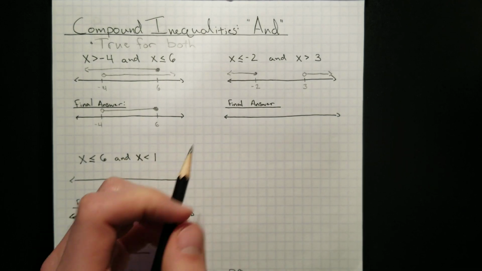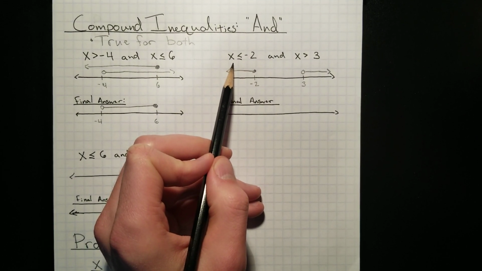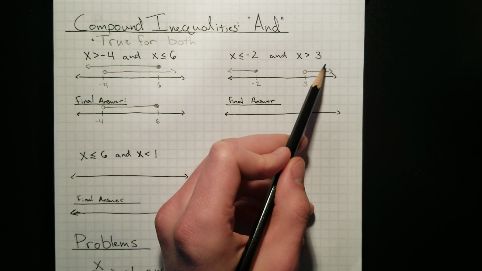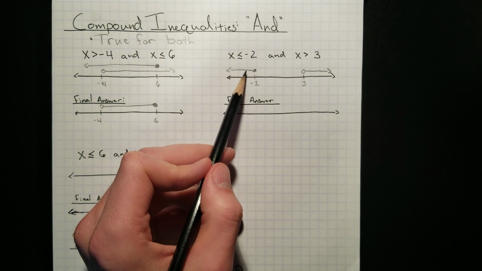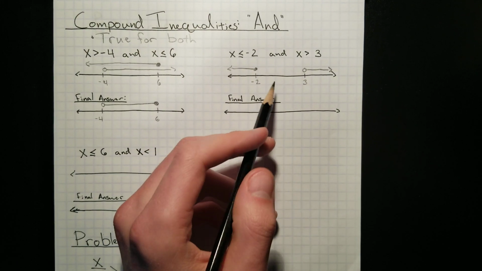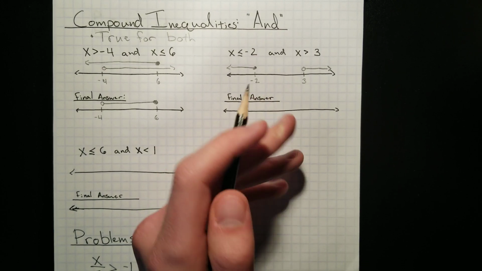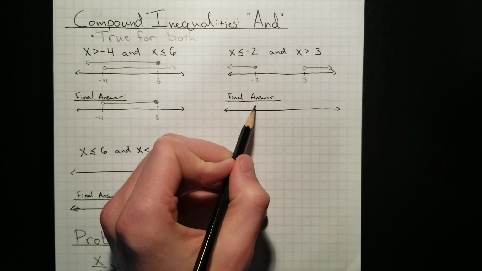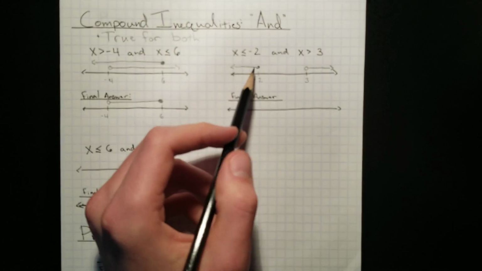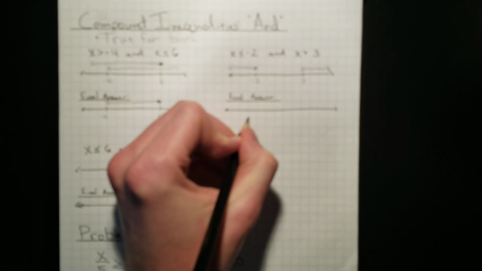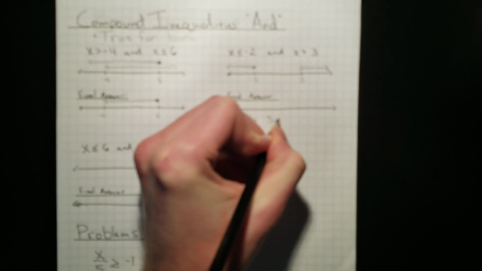Now, if you're being asked what is a number that is less than or equal to -2 and greater than 3, there is actually no such number. We can also notice this by noticing that neither of these lines cross each other. So our final answer is actually impossible to graph on the number line because there is no number that would fit both of those at the same time. So this is the kind of answer that gives us no solution.